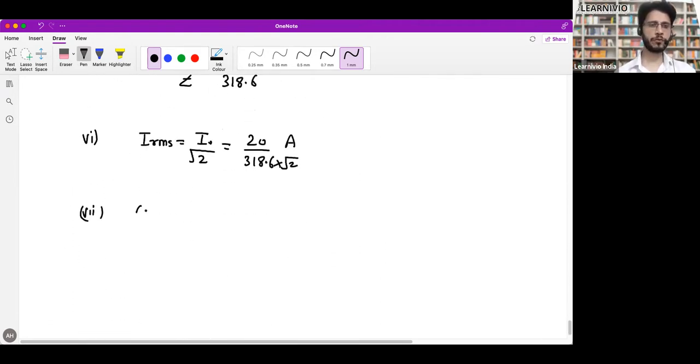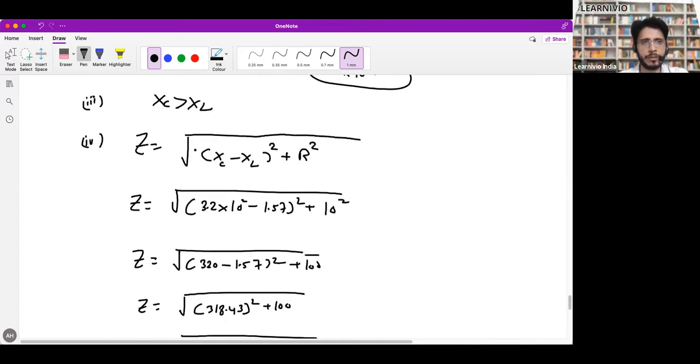What's the expression for power factor for a circuit having all elements in series, an LCR circuit? So cos phi.